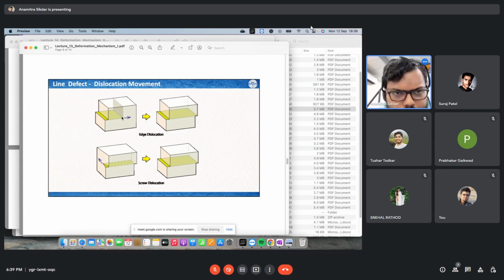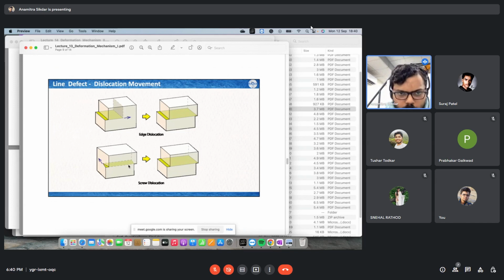If you move this block, or this upper part of the crystal, then this plane will be extended, right? So this line will be shifted in this direction, and this part will be shorter and shorter. But here this plane will be extended along this arrow.